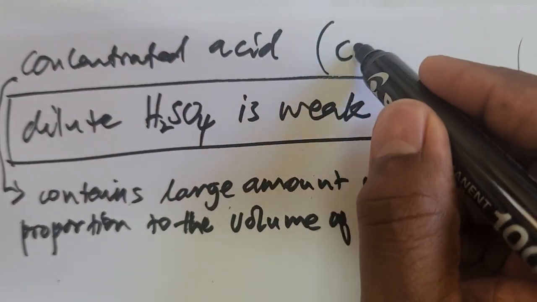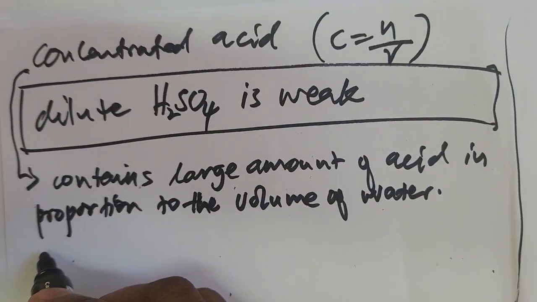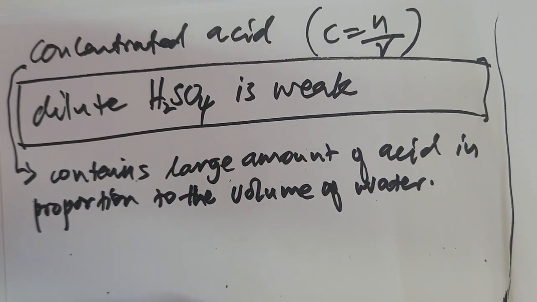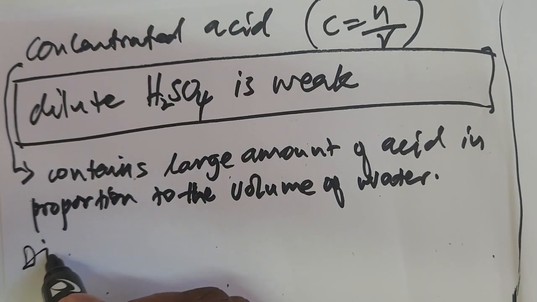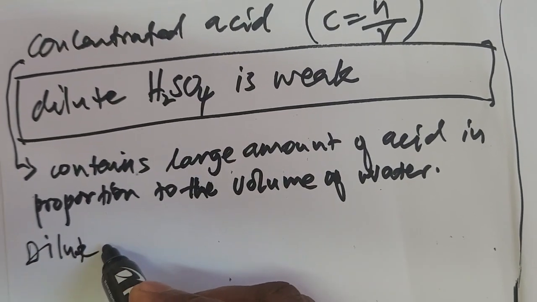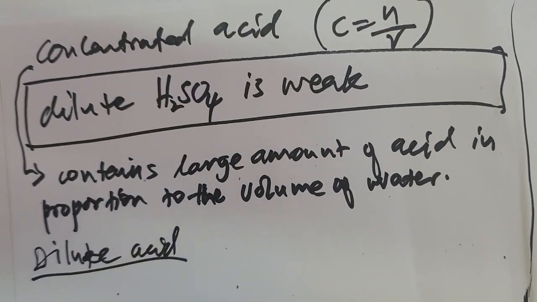So which is your C equals n over V. We are normally doing it from that perspective, whereas a dilute acid will be the opposite.